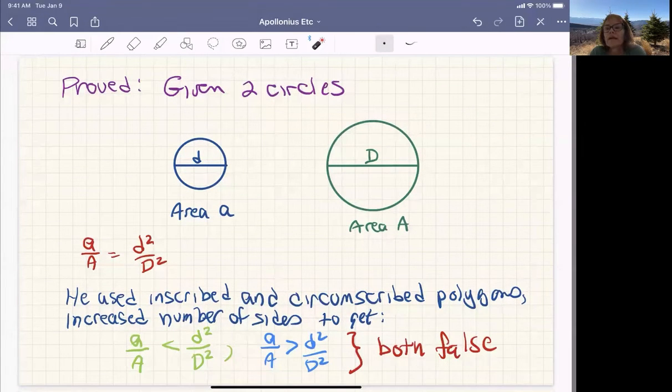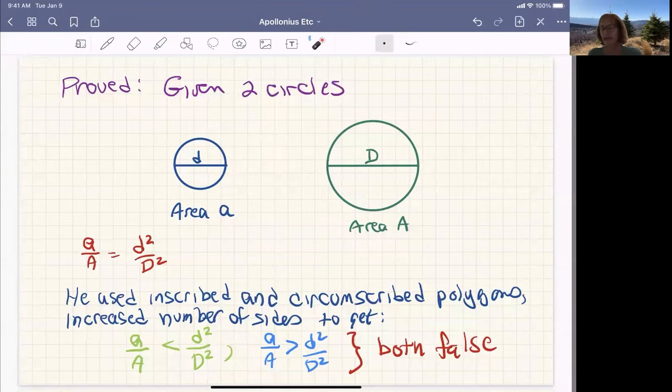Okay, so now here's something that he proved using the method of exhaustion. Let's say we have the first circle. It has diameter little d and area little a.